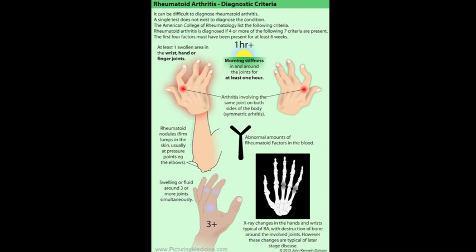Now, the American College of Rheumatology lists the following criteria, and when 4 or more of these 7 criteria are present, rheumatoid arthritis can be diagnosed. Now, the first 4 factors must have been present for at least 6 weeks to be able to make that diagnosis.